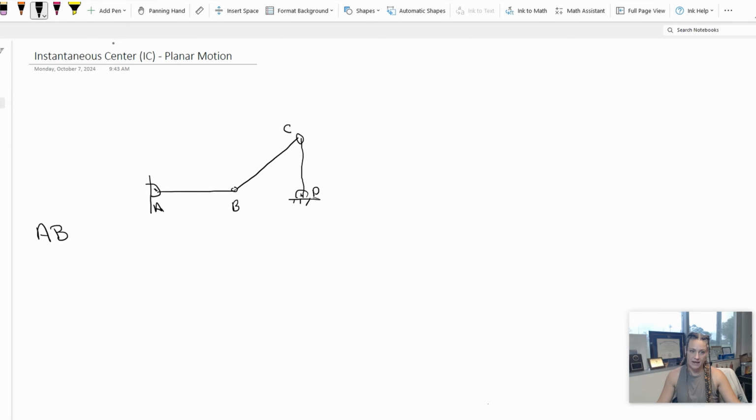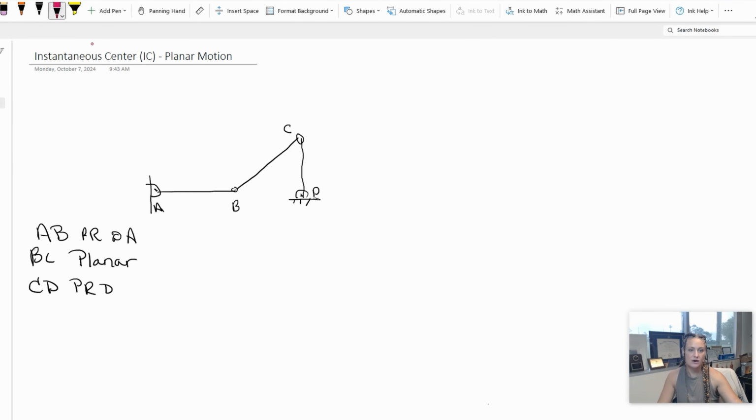Pure rotation about A. And what is bar BC doing? BC is going to be doing planar motion, and CD is also going to be pure rotation. C is pure rotation about D.